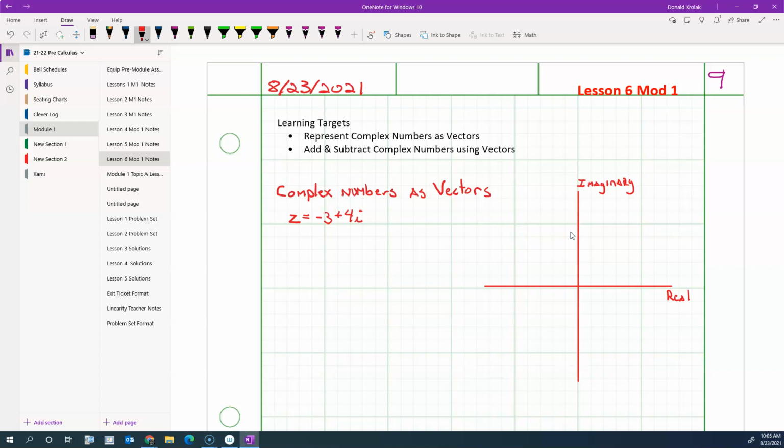So if we wanted to graph where z is, we would just graph the point negative 3, positive 4. Okay, so there's z.